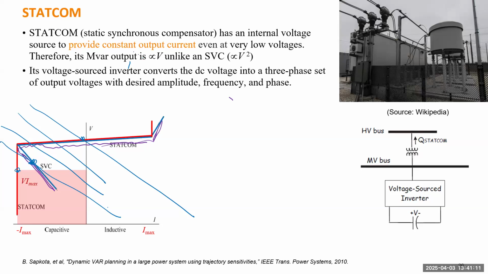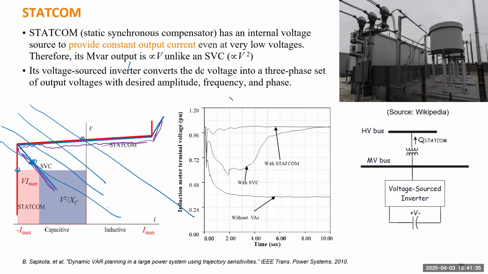So if you compare the two areas, the SVC has much less reactive power to the system because it is a quadratic function. The reactive power will decline as a quadratic function of voltage. But the STATCOM can maintain that large rectangular area. Even though it still decreases, it's a linear function of voltage because of the constant current.